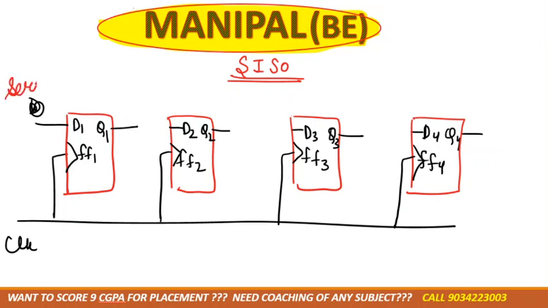So data is entering serial in, and data we are getting serial out. These are connected with each other. Okay, so this is known as serial in, serial out shift register. Clear? So now it is shifting the data left or right.